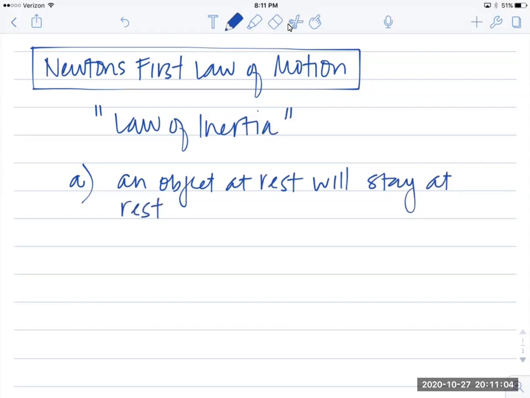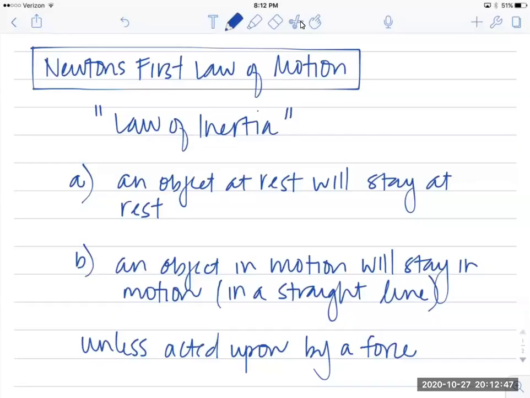And an object in motion will stay in motion. What's important to note here is that if it's at rest, it will stay at rest, and if it's in motion, it will stay in motion, unless it's acted upon by an external or unbalanced force.